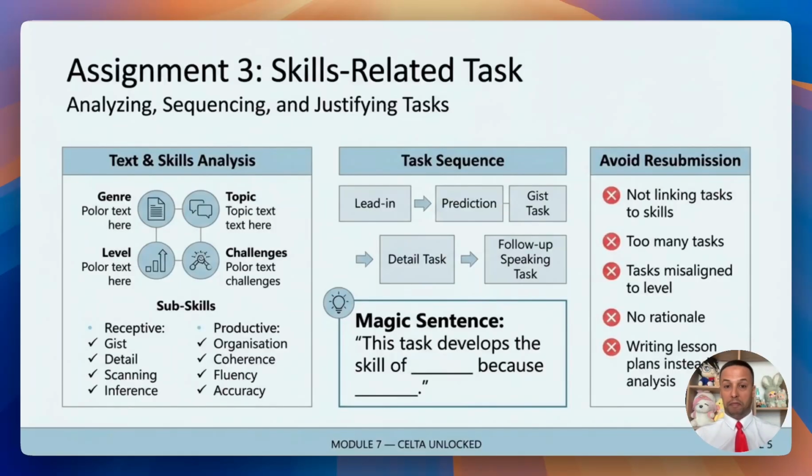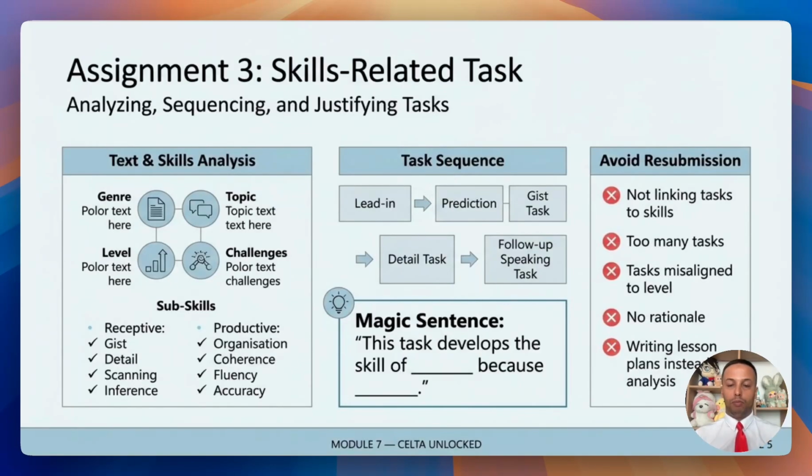Coherence, cohesion. For the task sequence, you design a lesson flow. Lead-in: how will you introduce the topic? Prediction: what will students predict before reading or listening? Gist task: first engagement with the text. We mean by this giving the main idea.